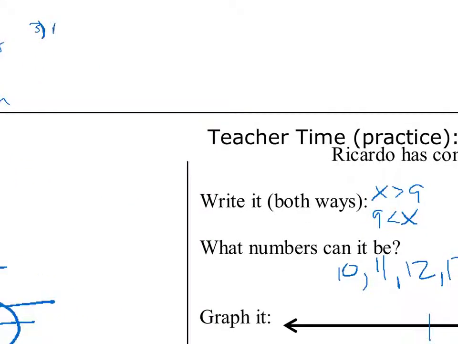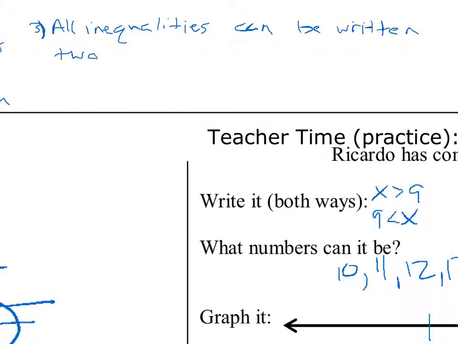All inequalities can be written two ways by flipping the sides and the inequality.